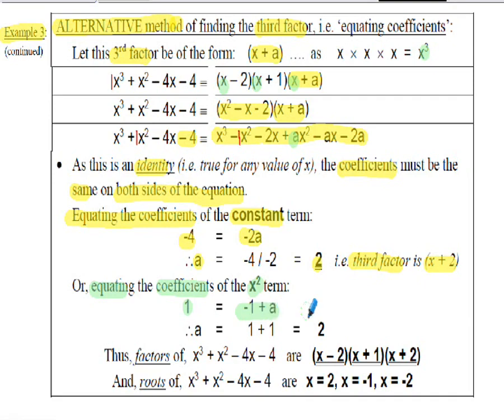Again, rearranging the equation, I find that a is equal to 2. So again, the factors are x minus 2, x plus 1, and from above, x plus 2. That's an alternative method to using the factor theorem method, just for reference.